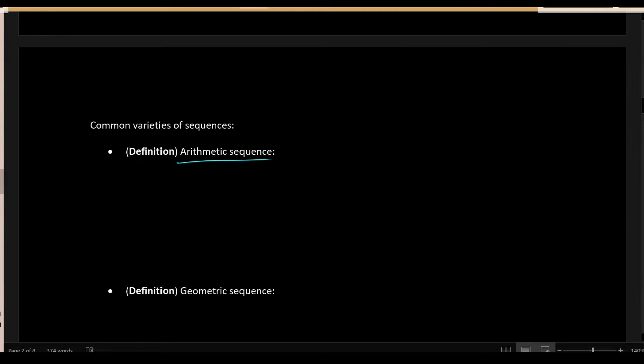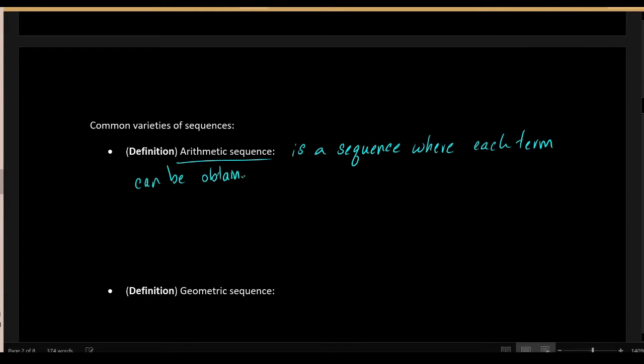The definition is that an arithmetic sequence is a sequence where each term can be obtained by adding a constant m to the previous term.